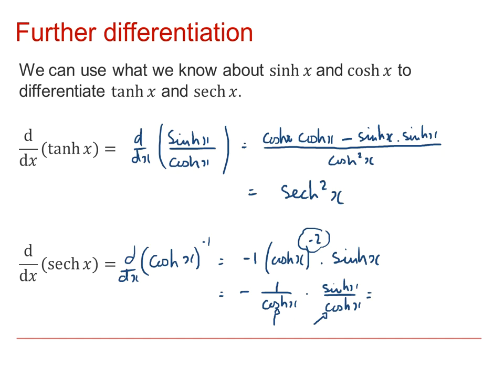So this is then equal to negative of 1 over cosh x is sech x, and sinh x over cosh x is tanh x. Now these are very similar to the trigonometric derivatives that you've already met, but do be careful with the signs that are involved because they're not necessarily exactly the same format.